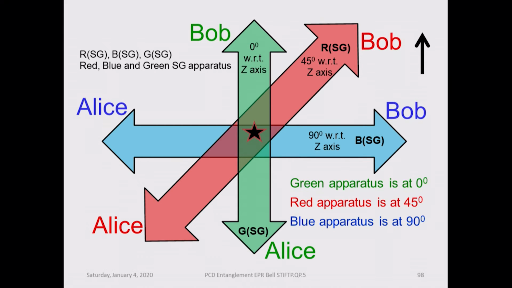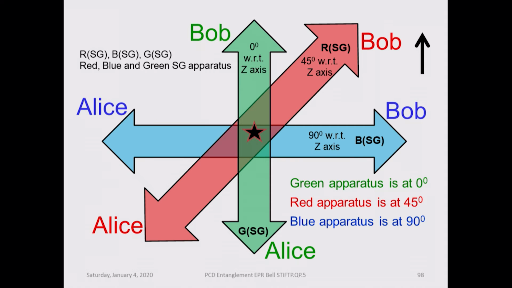So, you can write it in different ways, and we now set up the Stern-Gerlach experiment which Bob and Alice are going to use, with 3 different orientations. So, one is the green orientation, which is at 0 degrees with respect to the z axis, which is the original reference frame that we used. The reason it is at 0 degrees is because it is the original reference. Okay. Then we have a similar setup in which Alice and Bob set up their experiments with a z axis which is at 45 degrees with respect to the previous one.